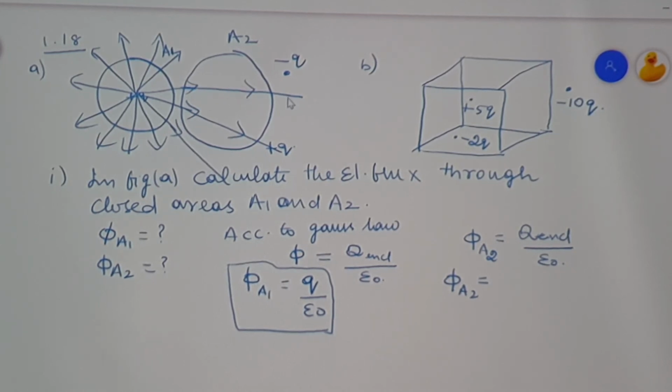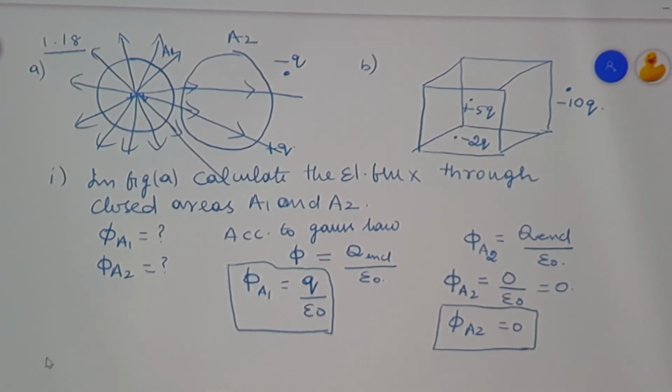The charges are outside the sphere. While studying the Gauss law, we have stated that any charge outside the Gaussian surface will not contribute any flux. Since no charge is enclosed inside this surface, we can write this as 0 divided by epsilon 0, which is equal to 0. So flux of A2 is equal to 0.